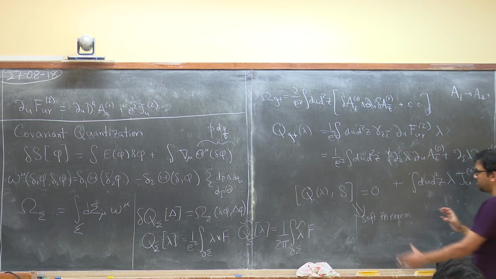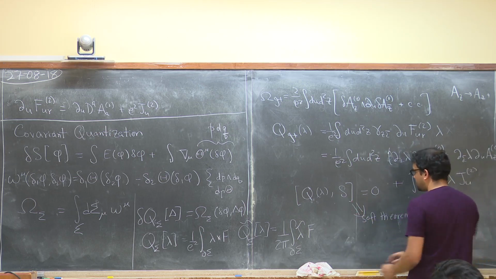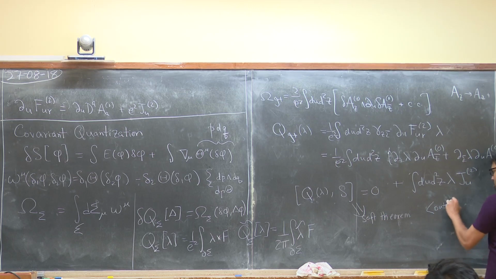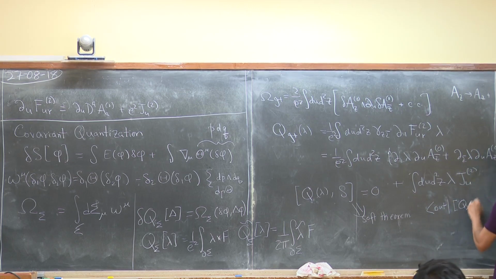So when I take this and sandwich it between some arbitrary out state and some arbitrary in state, of course, this has to vanish. So this nonlinear piece, which is quadratic in the fields, is acting on your out state and transforming it in some non-trivial way. So that's what the right-hand side of the soft theorem looks like.